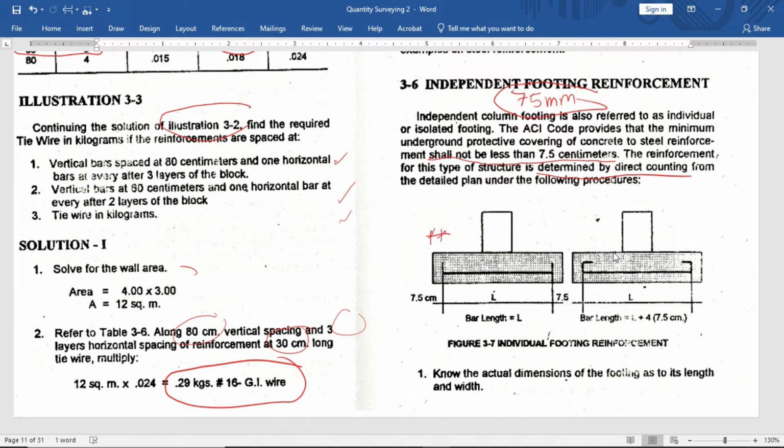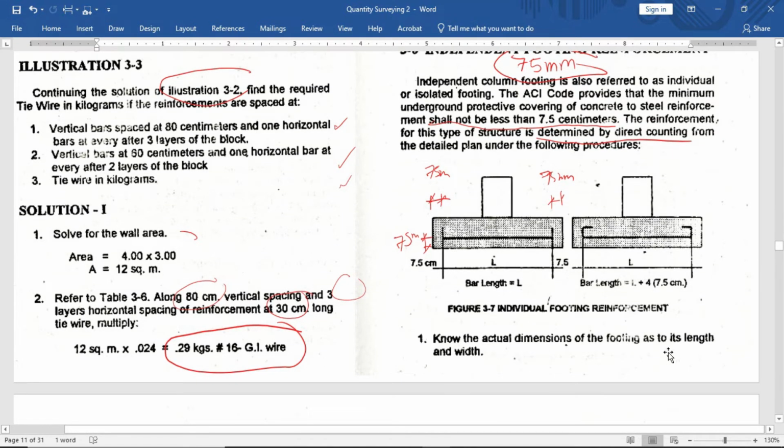So, cover, tatakpan natin yung mga bakal natin para hindi ma-expose sa mga elements. Kasi pag na-expose yan sa tubig, kakalawangin yan. So, 75 mm to, 75 mm rin to. Ito yung minimum. So, pag bumaba pa dyan, bawal na yan.